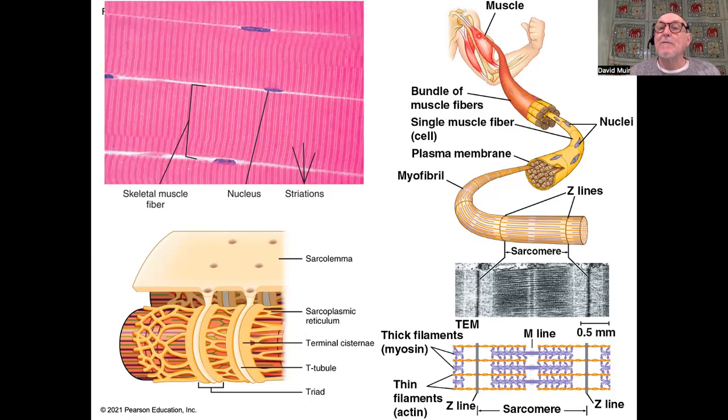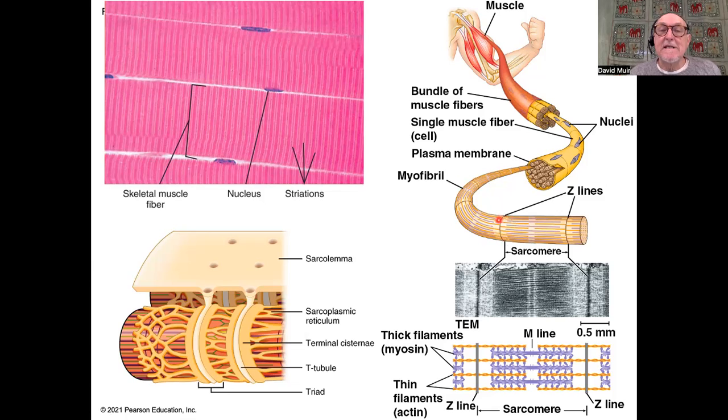So what we've done is we've peeled off one of those bundles of muscle fibers, but there are many of them in the muscle. They're all organized and tied to the bones at the ends with tendons. And they are obviously supplied with nerves, because it's an action potential from the nerves that is going to cause them to contract. So we're now going to go all the way down to the myofibril and see how it is organized.